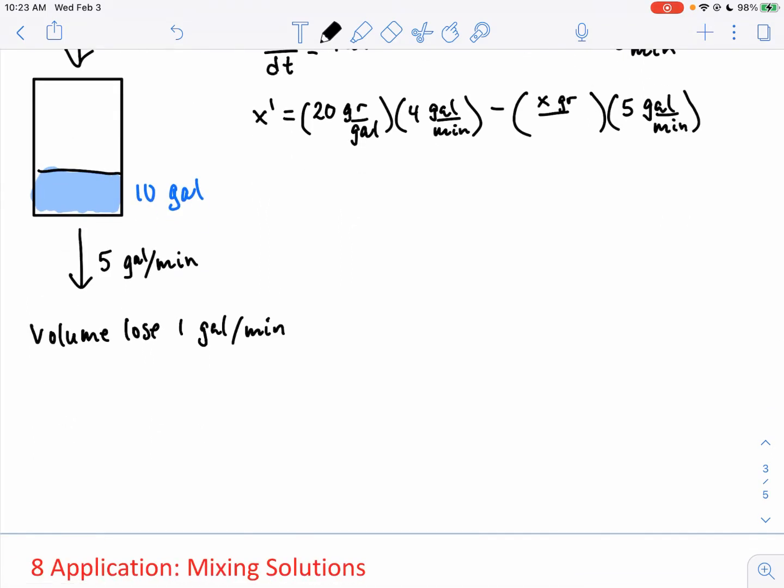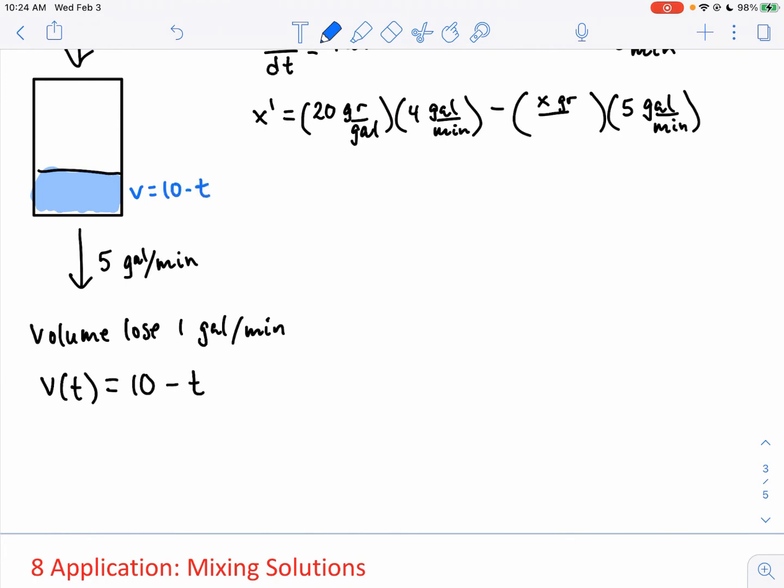And so we need a volume function. Volume is not constant, it's a function of time. We started at 10, but once the process got started, we're losing 1 gallon every minute. If t is measured in minutes, then we just have to say minus t. So if 3 minutes have gone by, then we've lost 3 gallons, and our new volume would be 10 minus 3, or 7. So that's important. 10 gallons is no longer a constant. Our volume is now a function of time.